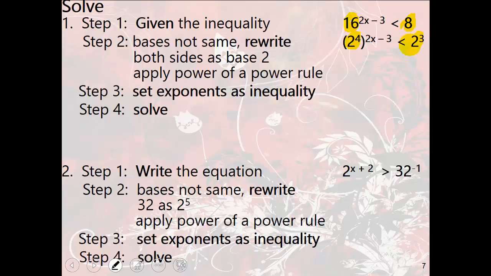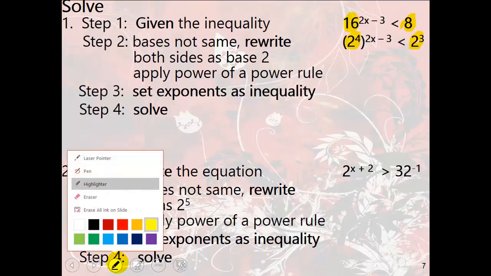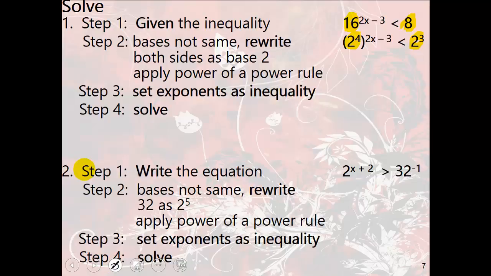Okay? Now I'm going to apply my power to a power property, and so I get 2 to the 4 times 2x, which is 8x minus 12, is less than 2 cubed. So now I'm in the same base, 2 and 2. So that means that my exponents have to have the same inequality.